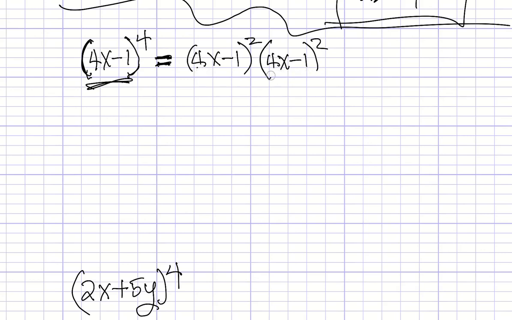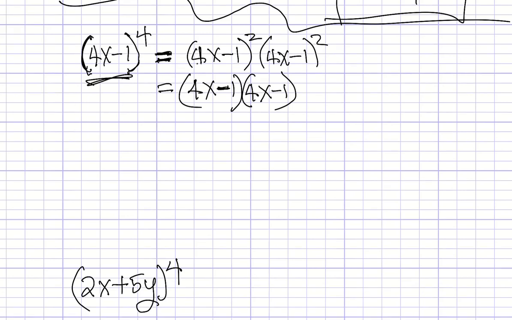Now, there are many ways we can tackle this, but notice that things will repeat. Notice that I can write that as 4x negative 1 times 4x negative 1. That's for that one.